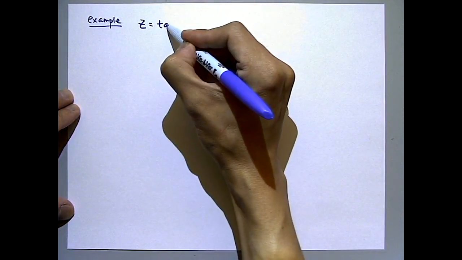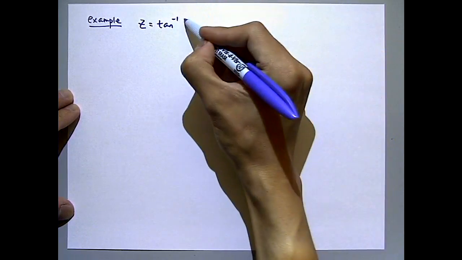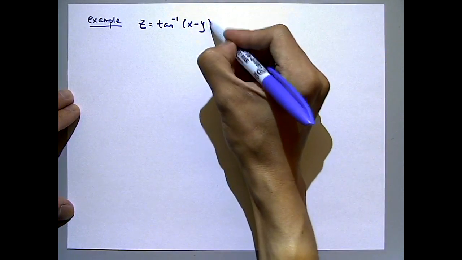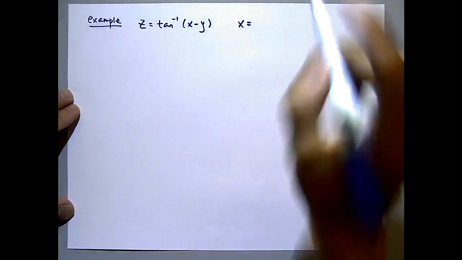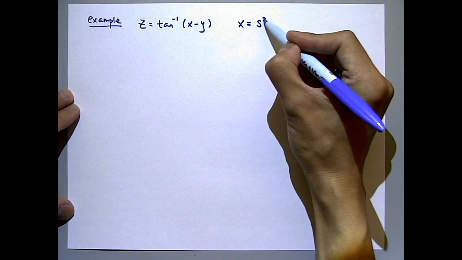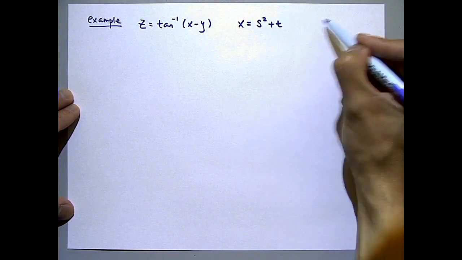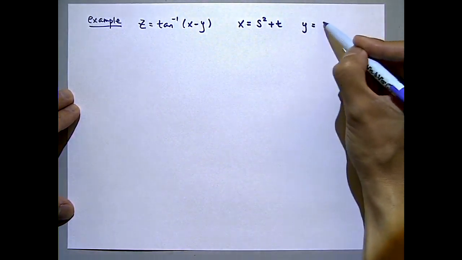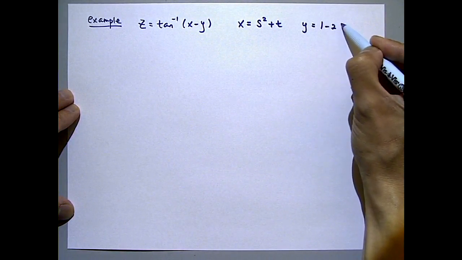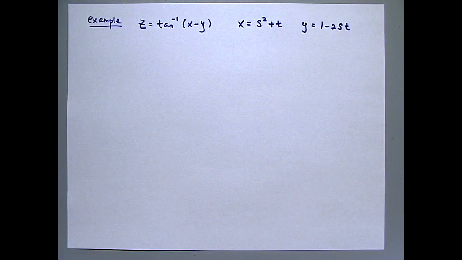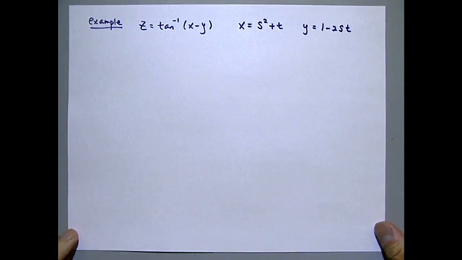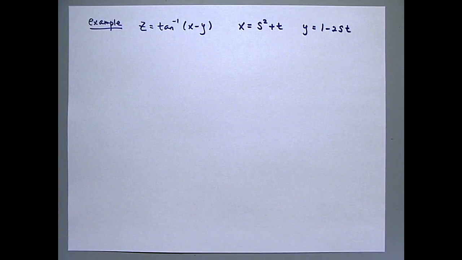Z is inverse tangent of x minus y, and x and y depend on two variables, s and t. All right?